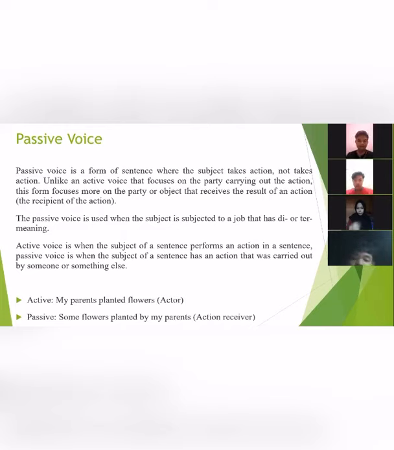Active voice is when the subject of the sentence performs an action. Passive voice is when the subject of the sentence receives an action that was carried out by someone or something else. Active: my parents plant flowers. Passive: flowers are planted by my parents. Next.